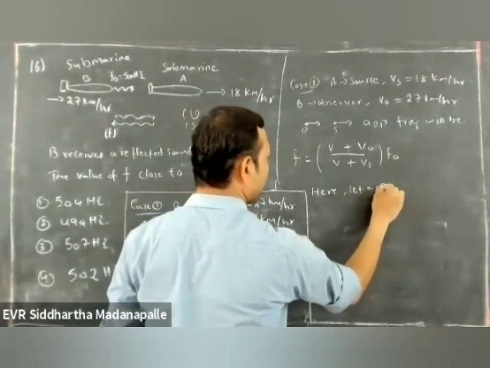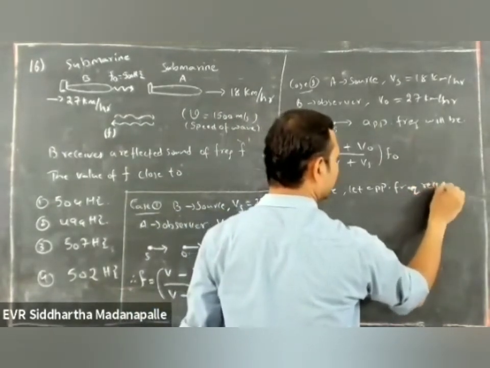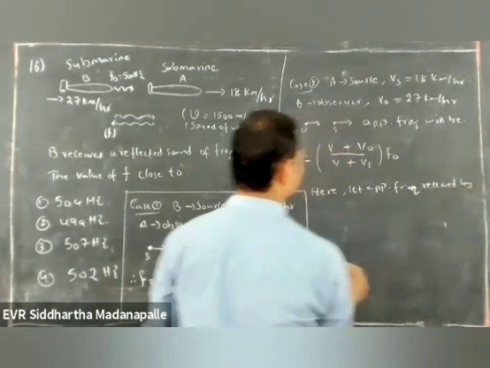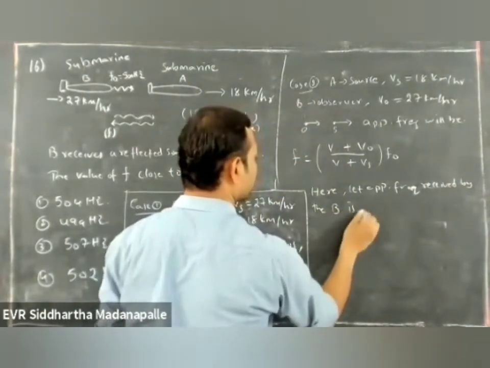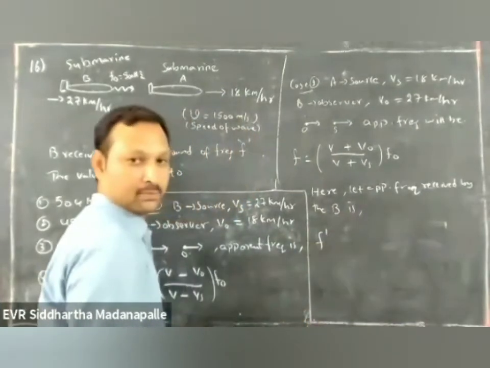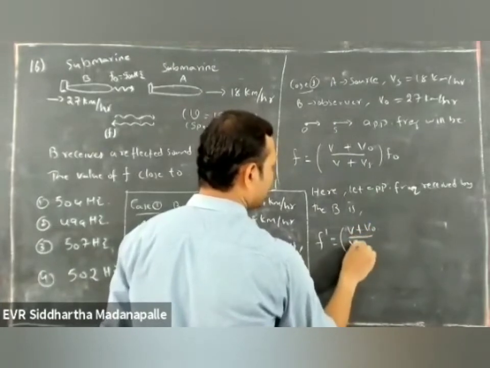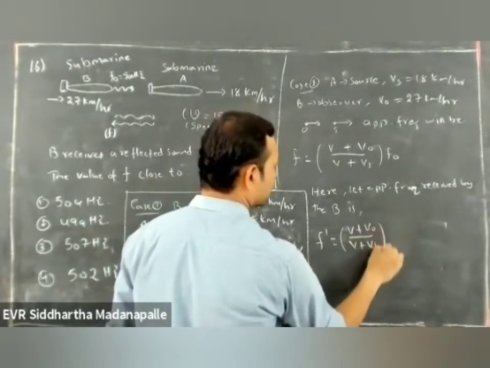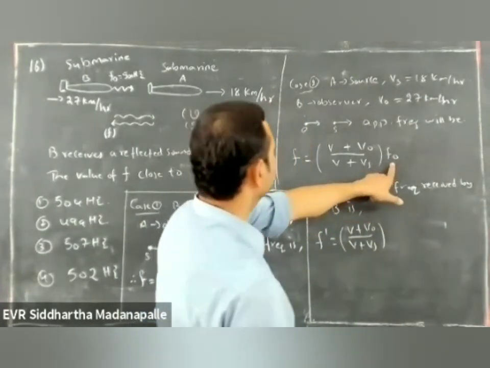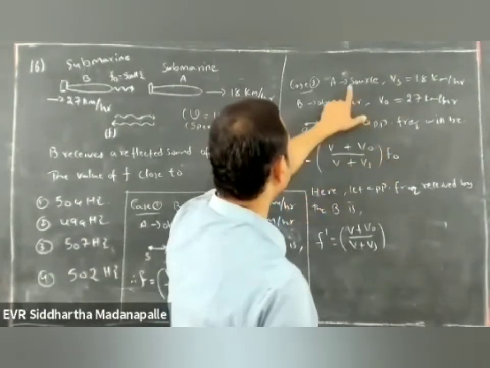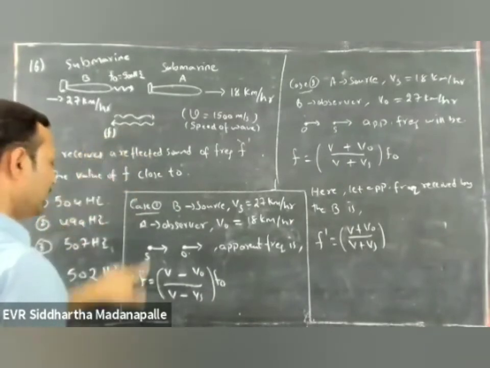Now the apparent frequency received by the observer B, let us call it F prime. So F prime is equal to V plus V naught by V plus Vs into F naught. F naught is the frequency sent by the source. So what is the reflected frequency?